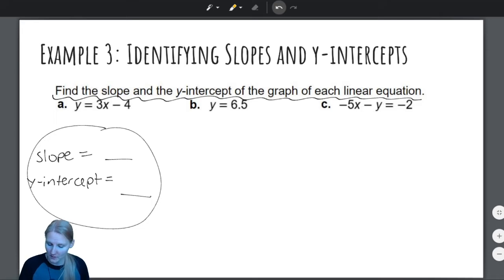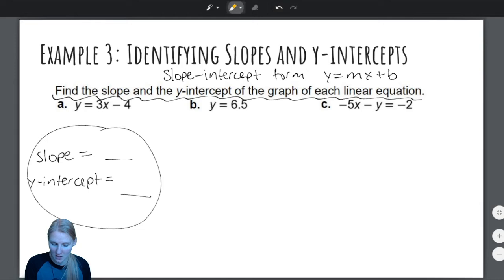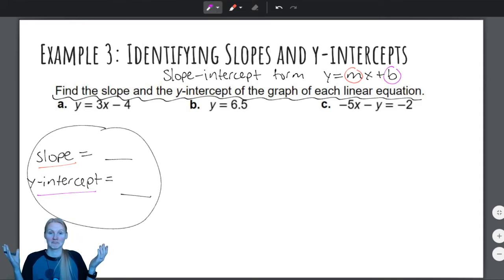So remember that in slope-intercept form, when we have y equals mx plus b, we know that m is the slope, and b is the y-intercept.